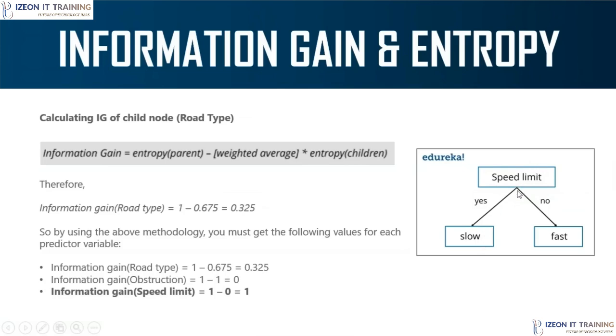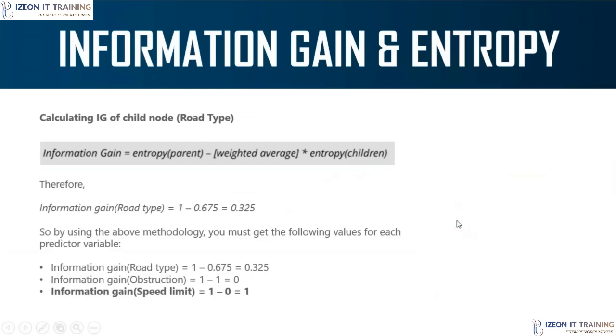But if you haven't maintained the speed limit, then the speed of your car is going to be fast. All right. Your entropy is literally 0 and your information gain is 1, meaning that you can use this variable at your root node in order to split the data set because speed limit gives you the maximum information gain. So guys, I hope this use case is clear to all of you.